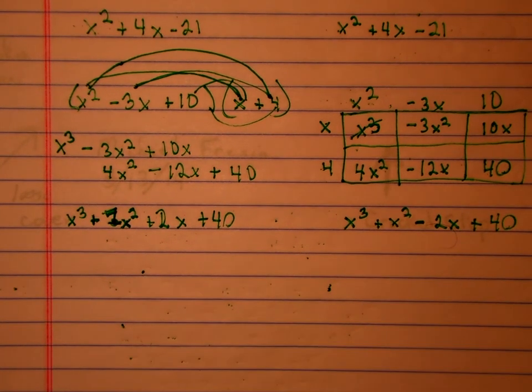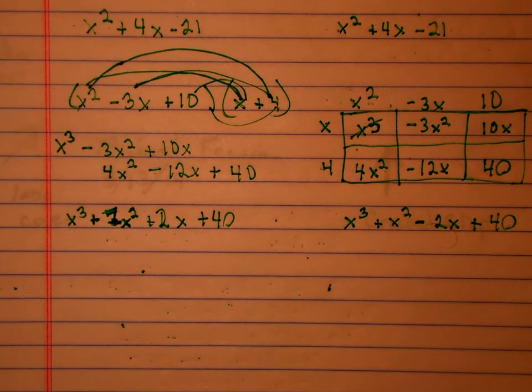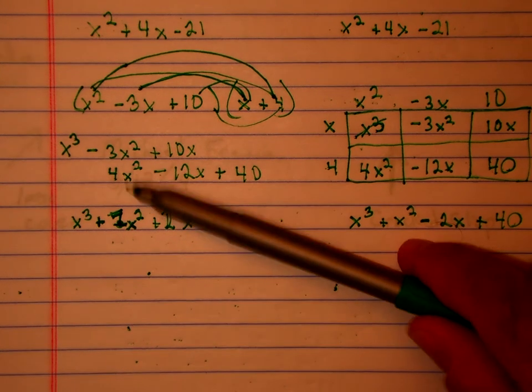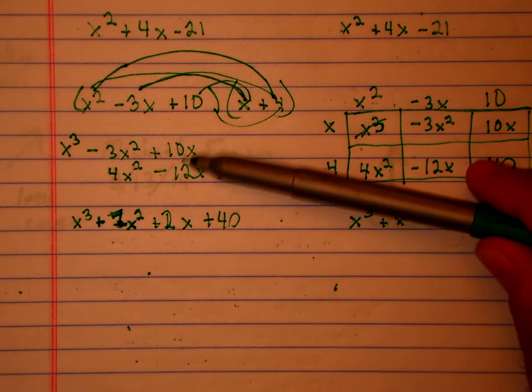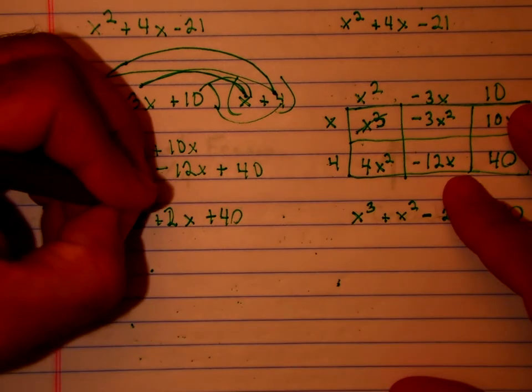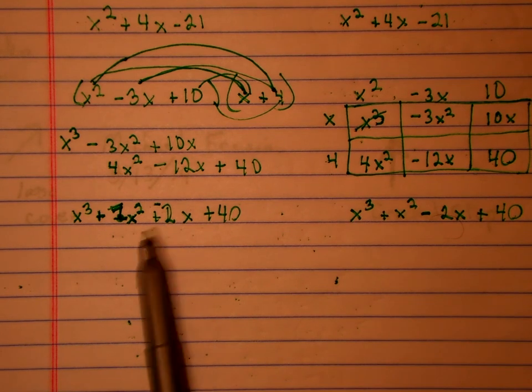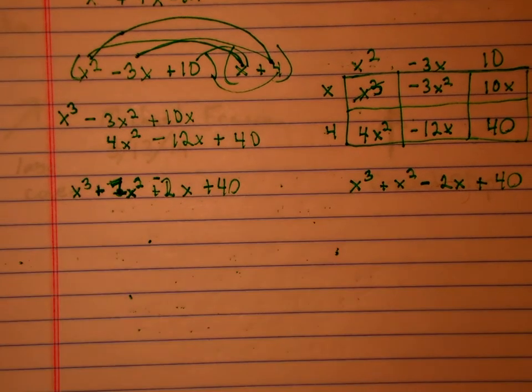Doesn't matter. You really don't usually write the 1. Am I going to lose my mind over it? No, I'm not. So negative 3 plus 4 is 1. 10 minus 12 is negative 2. See, double check your work. And remember, negative 2x and minus 2x are the same. And then plus 40.